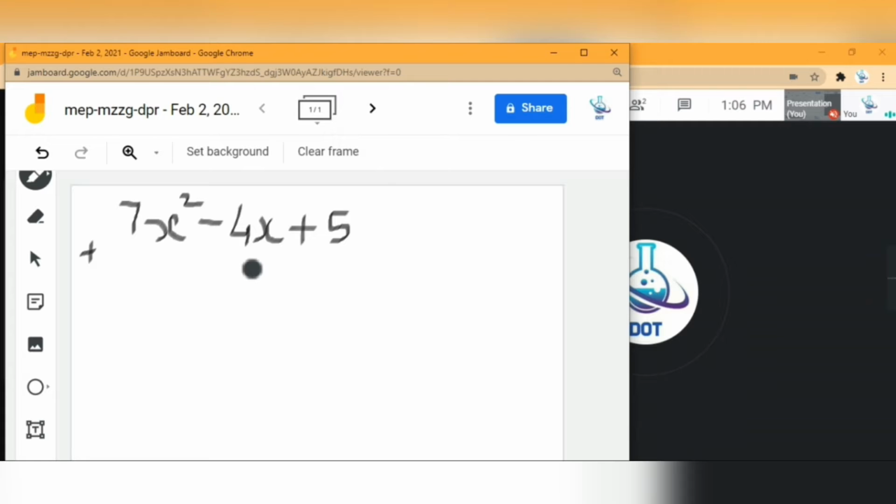So we are writing that under the same variable, 9x minus 10.